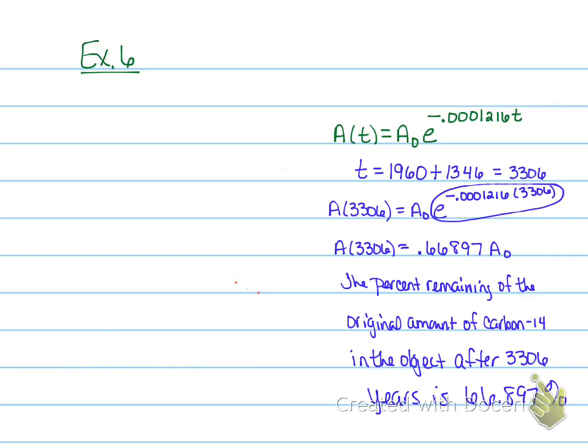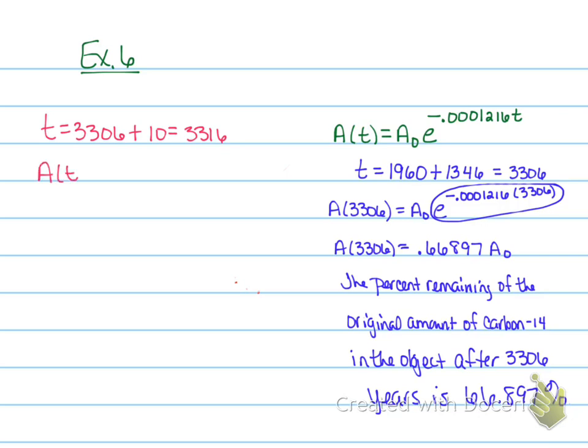Alright, so now, because we're looking at whether it happened at the beginning of his reign or before his reign, we're going to let t equal the 3,306 plus the 10 years. So we're going to let it be 3,316.